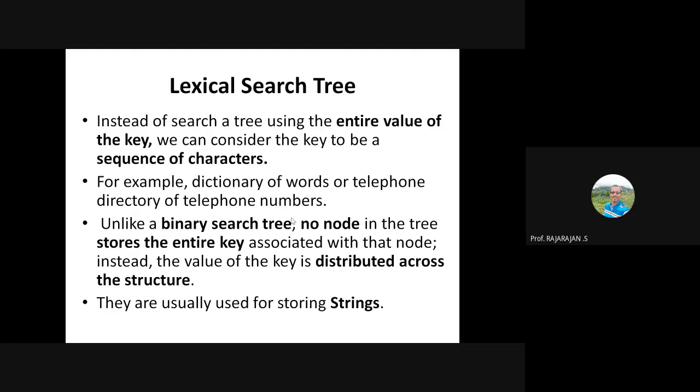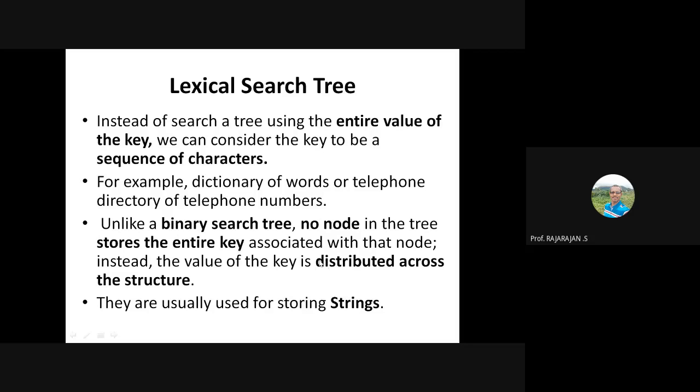So sometimes the search needs to be conducted at the character level. You don't want to search for a single key. You want to search for a multiple character combination or sequence of characters. In that case, we have the idea called the lexical search tree, which will then be modified into a trie structure later. So the lexical search tree is going to be used for searching when you don't want to search for the entire key, but want to search for a sequence of characters.